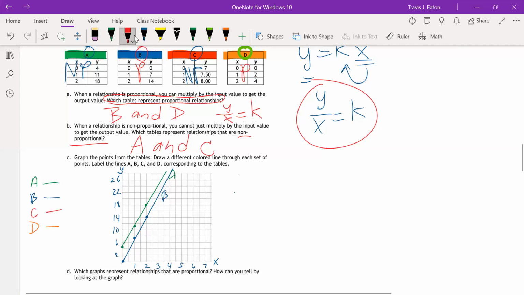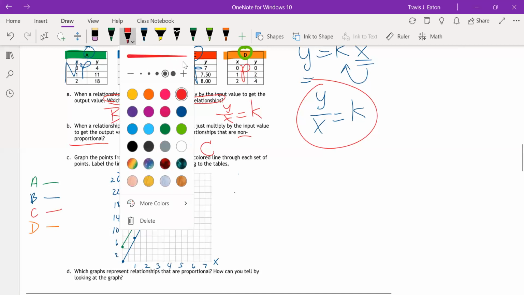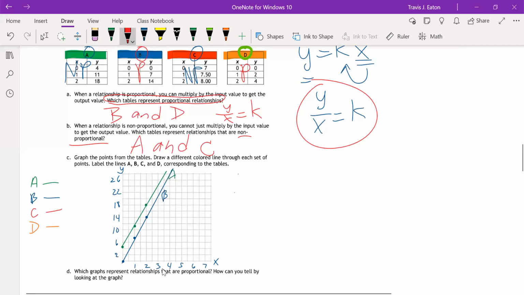C has to be drawn in red. All right. So here we go. 0, 7. So here's 0, 6, and 7. There we go. And 1 and 7.50. Okay.